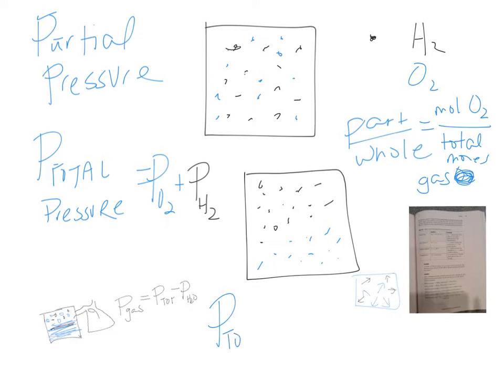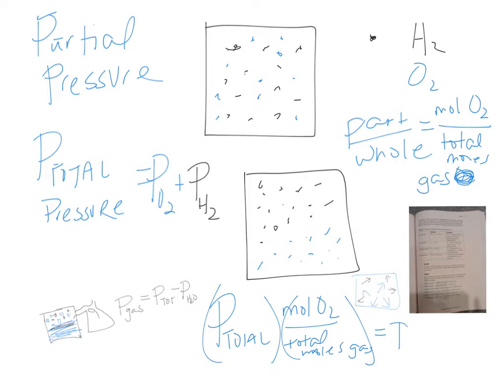So if we take the total pressure and multiply it by the part that is just oxygen, the moles of oxygen over the total moles of gas, that will give us the pressure of the oxygen, because we're multiplying the total pressure by what part is just made up of oxygen out of the whole thing. This scribble here is called the mole fraction.